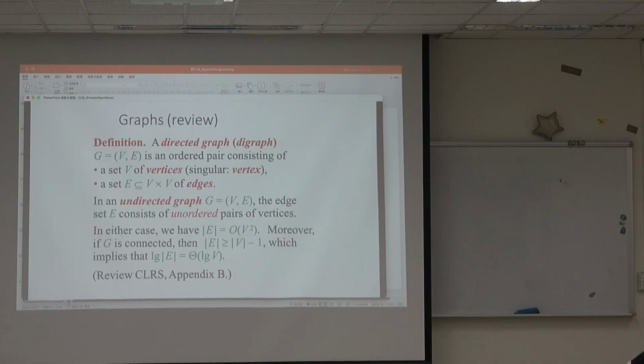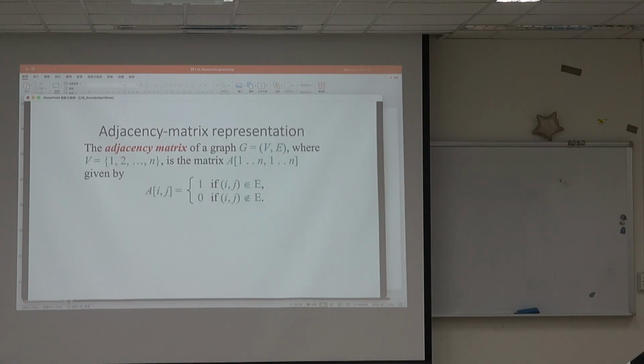That means that if you take the log of the number of edges, it is bounded between log of V minus 1 and log of V squared. Okay, so this is a big review.